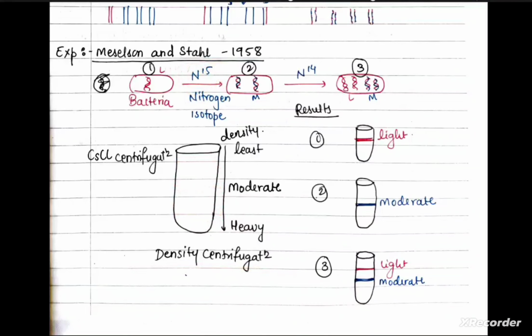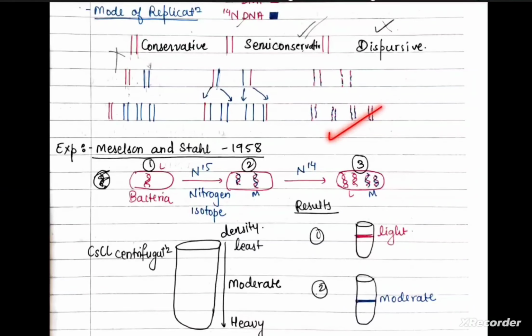Then they transferred the bacteria that were grown with the light isotope into the heavier isotope, N15. The results they got were different. They got a moderate band, which means there was one parent strand and the other strand was newly synthesized, or it could have been dispersive as well.